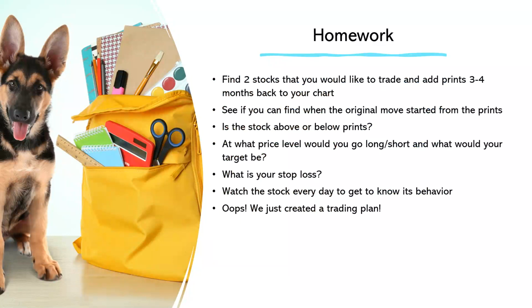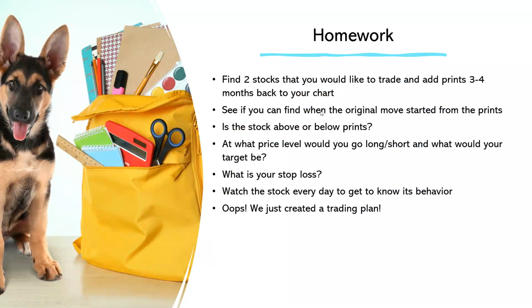I use a tool that lets you add a line at a starting point, not just a straight line across, so you can see when the print actually came in and put that on your chart, like I showed you. Find 2 stocks that you'd like to trade and add prints 3-4 months back to your chart.